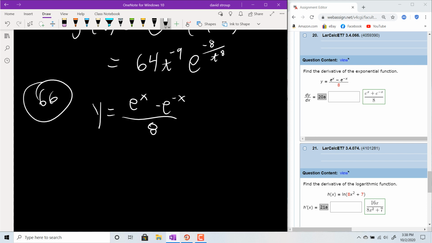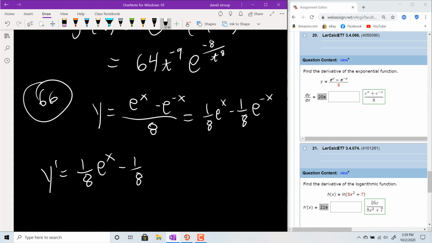But anyways, let's go ahead and find its derivative. I'm gonna butterfly it, so have 1/8 e to the x minus 1/8 e to the negative x. Okay. So y prime is 1/8 e to the x. The derivative of e to the x is just e to the x. And then minus, constant multiple rule, leave 1/8 alone, and then the derivative of e to the negative x.